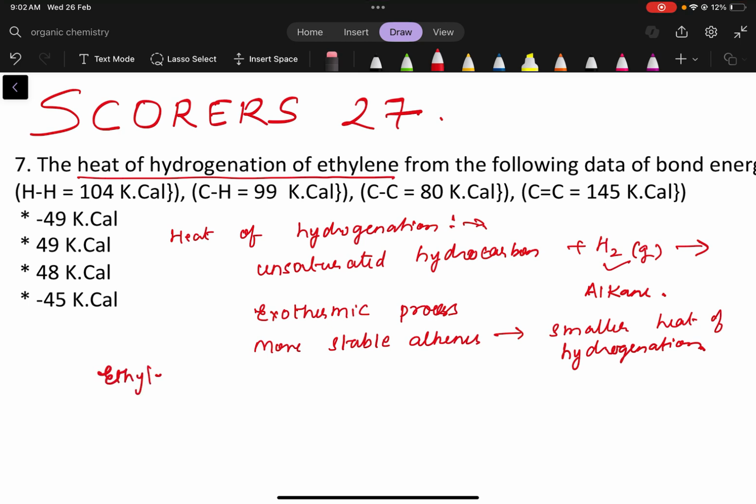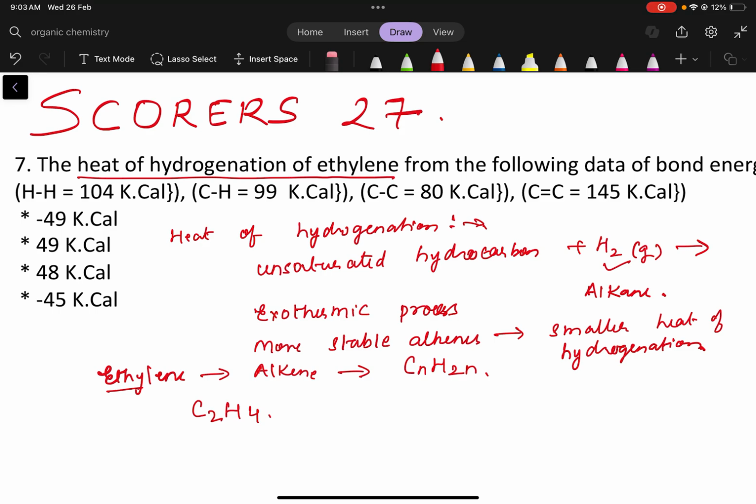Ethylene is an alkene. The general formula of an alkene is CnH2n. So with 2 carbons, it is C2H4.